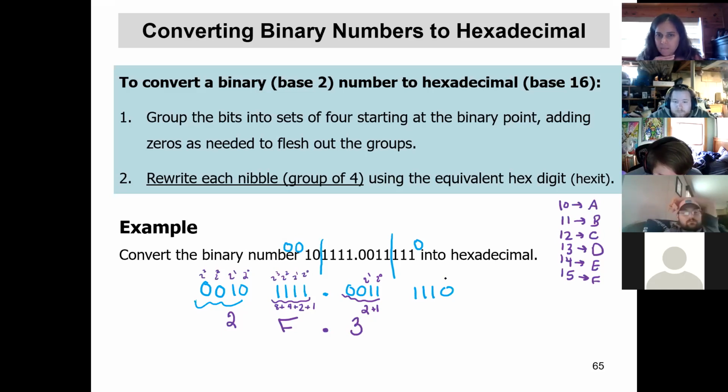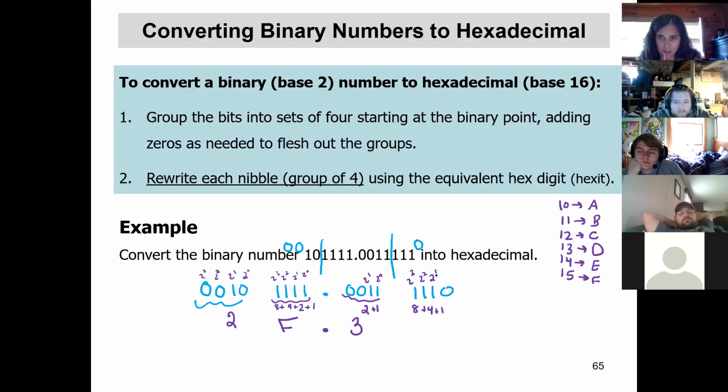And here, 2 to the 0, we don't need to worry about. We'll have 2 to the first, 2 to the second, and 2 to the third. So this is 8, 4, and 2, so we'd have 8 plus 4 plus 2. Wait, what did I do? See what I did here?